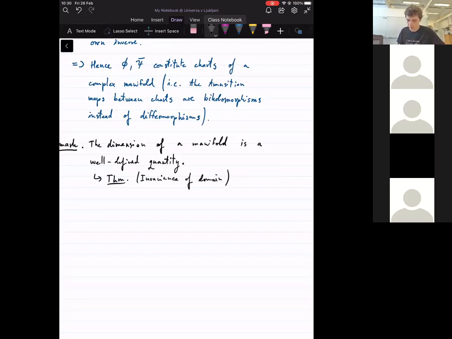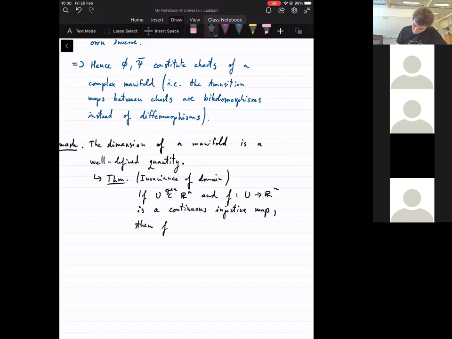This theorem is called invariance of domain, and it states that if U is an open subset in R^n, and f from U into R^n is a continuous injection, then f(U) is open in R^n, and f is an open map.